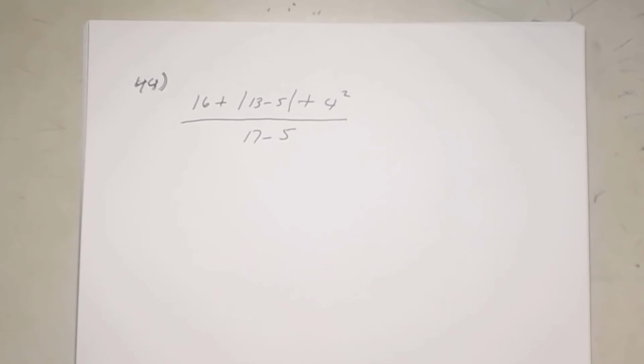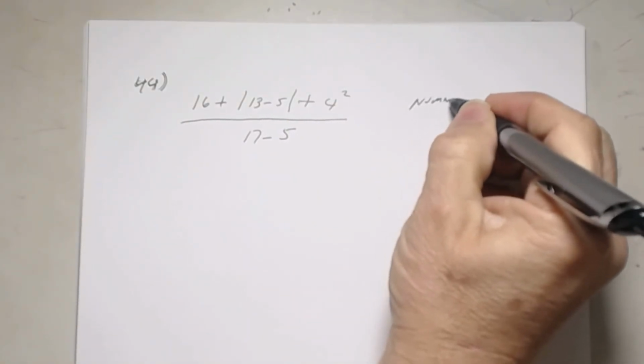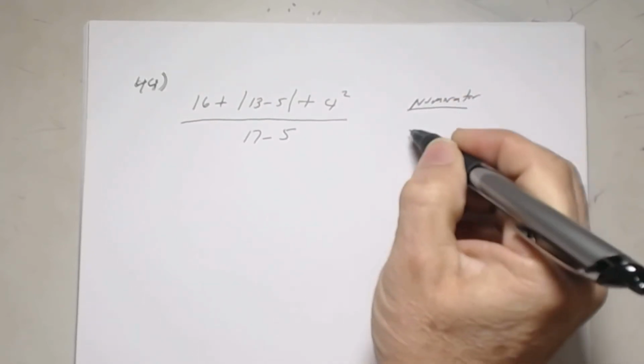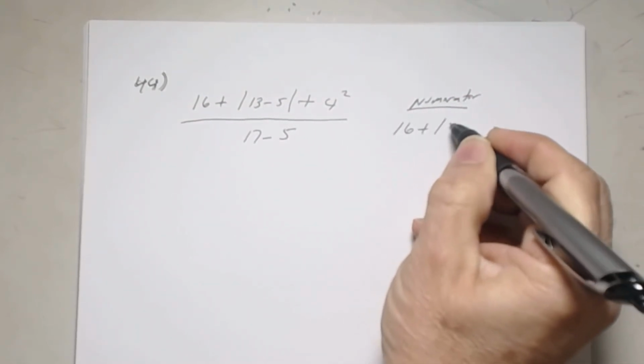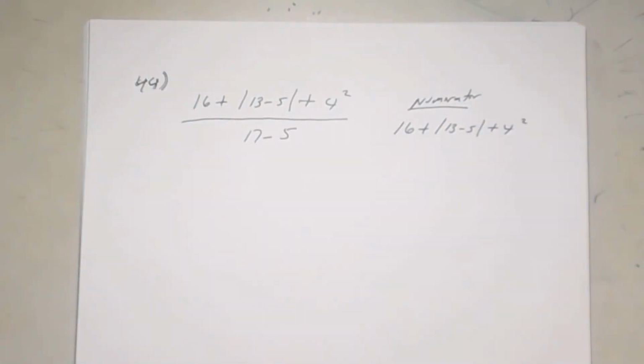So we're doing the numerator first. I'm going to rewrite the numerator. It's going to be 2 plus 13 plus 16. So I do have something that kind of is a grouping symbol, that's the absolute value.